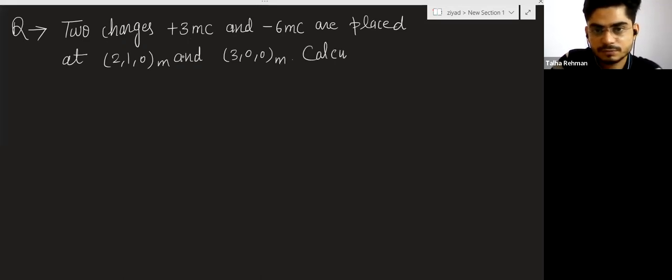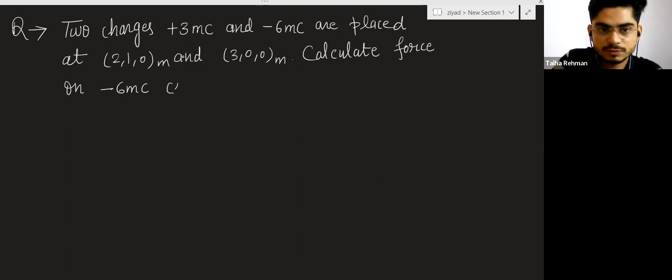Calculate the force on the minus 6 microcoulomb charge.